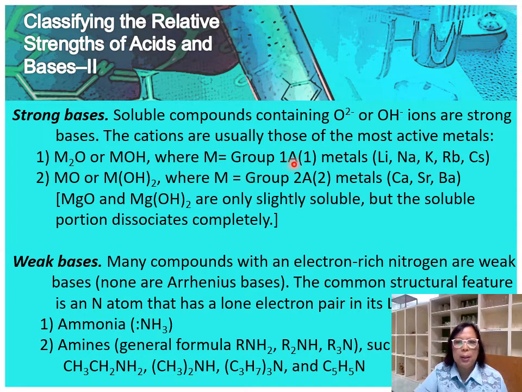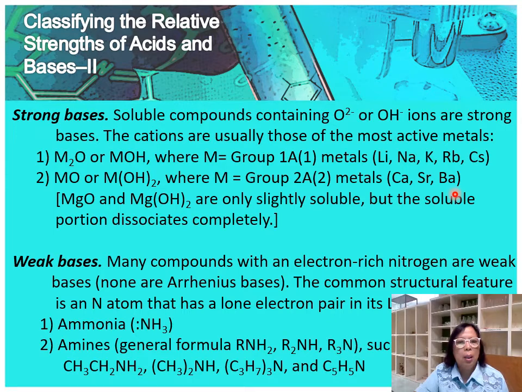Strong bases are usually found in group A1, the metallic ones, like sodium hydroxide. Sodium hydroxide is one of the most popular bases. Lithium hydroxide. We have also calcium hydroxide. We have also barium hydroxide.